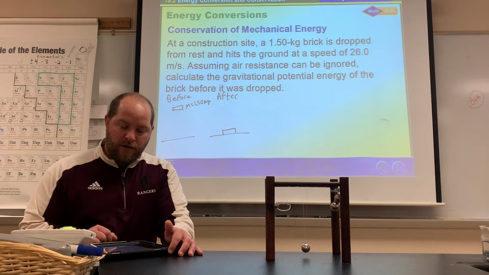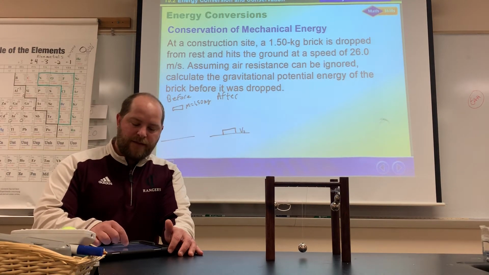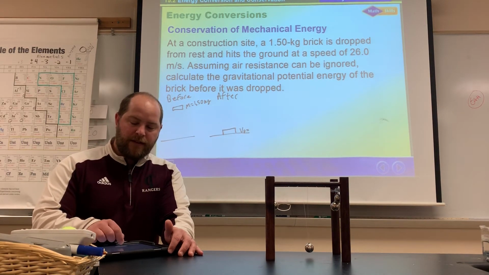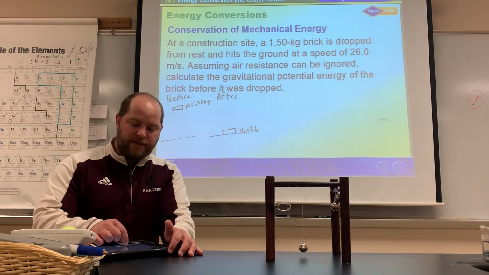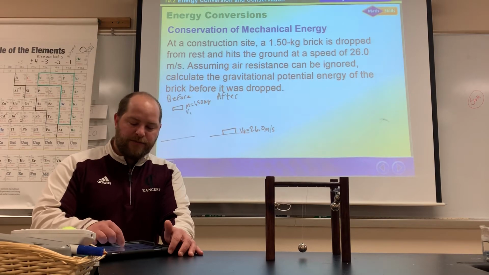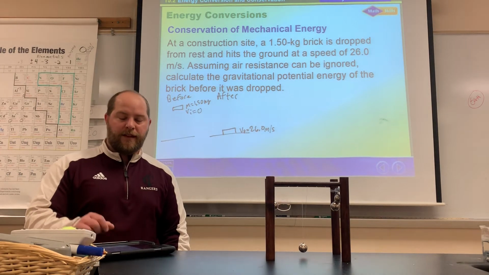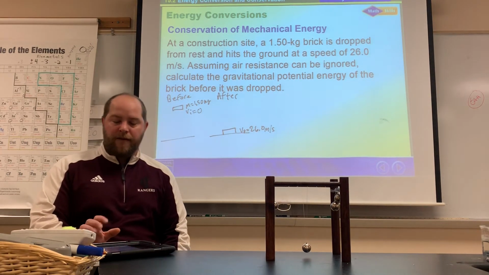We know that the speed down here, the V final, we'll call it the final speed, is going to be 26.0 meters per second. We know the initial speed over here is 0. Okay, that's about all we know right now.